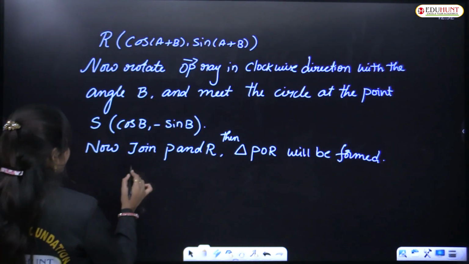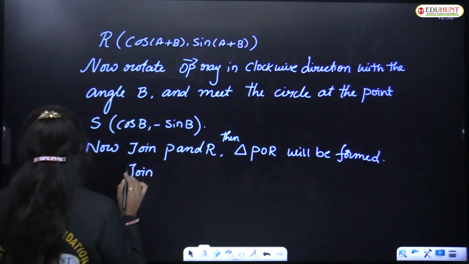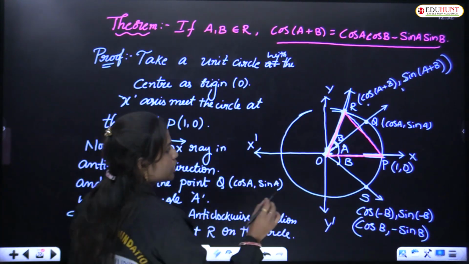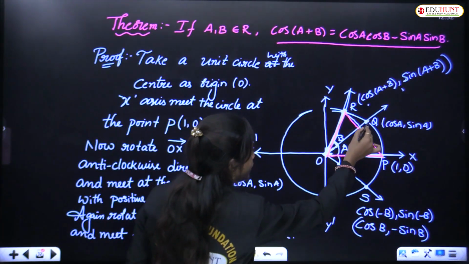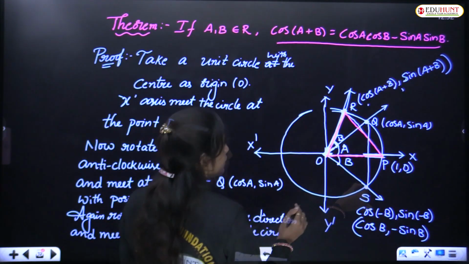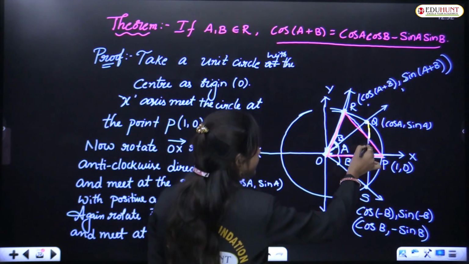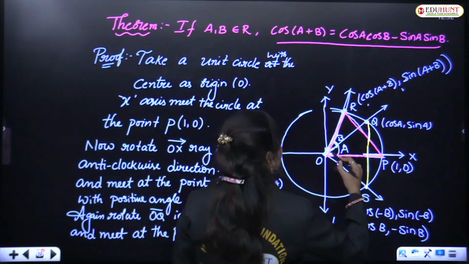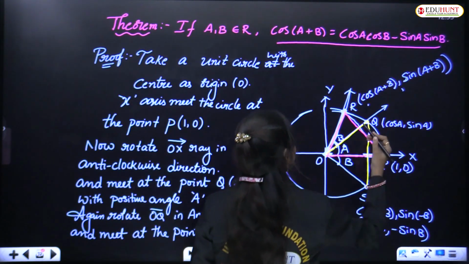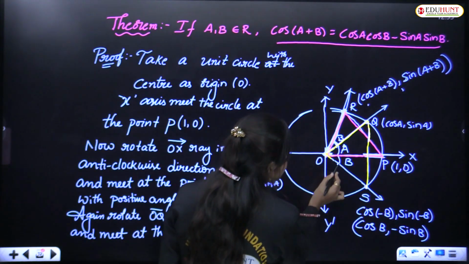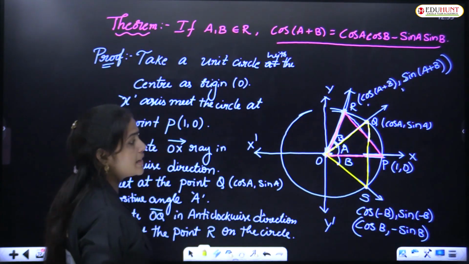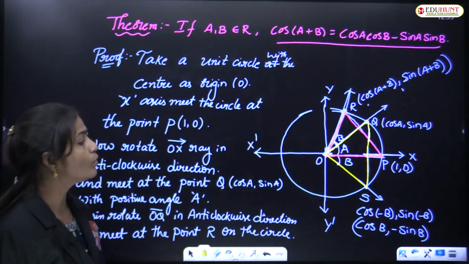In the same way, here we can join S and Q also. Now join S and Q also. Here we can observe another triangle, that is OSQ.